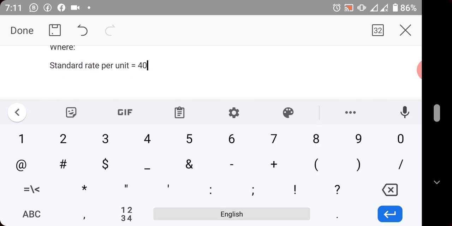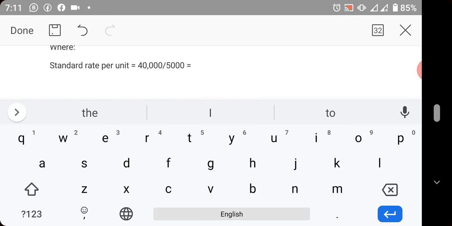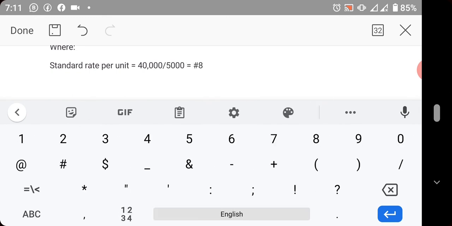We budgeted 40,000, then you divide by the budgeted units, and this will give us what we are looking for, which is actually 8 naira per unit.